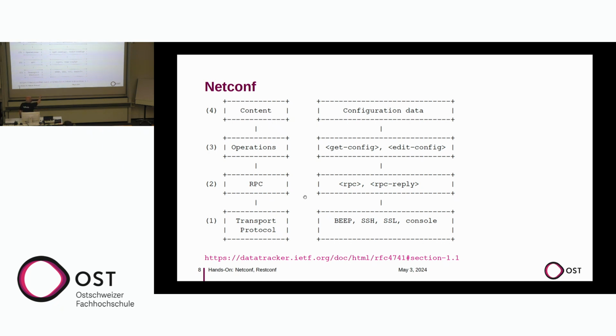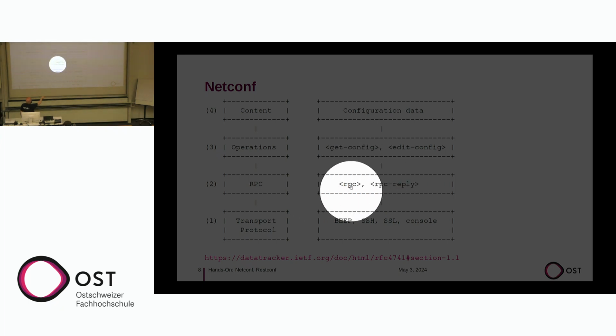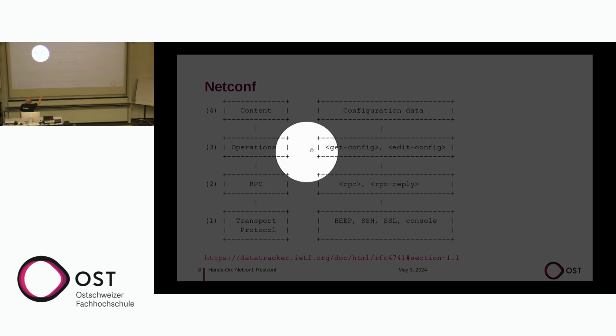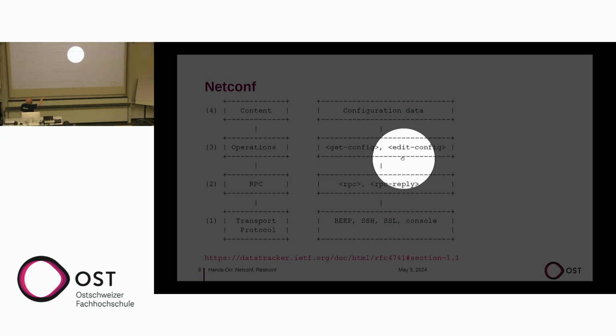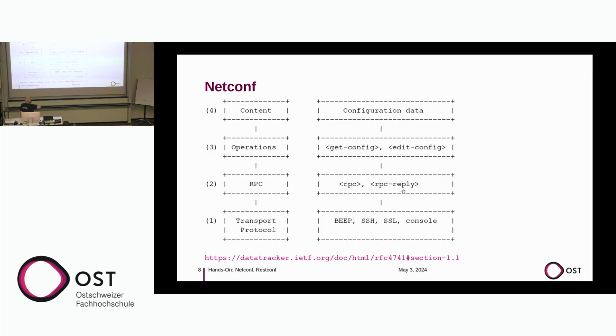We have different RPCs. We have an RPC with the operation get-config, edit-config, and we get an RPC reply, hopefully. There would be an RPC error, or there is also an RPC OK. So this is how the protocol works, and one of the good things is that we always get feedback.